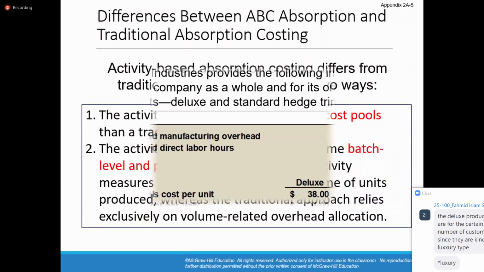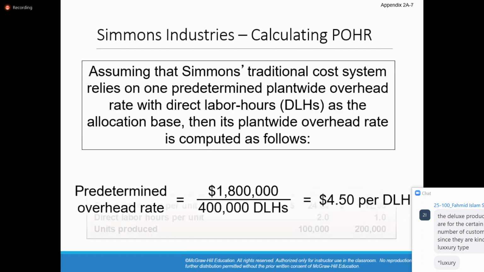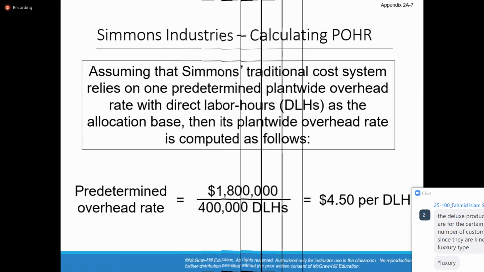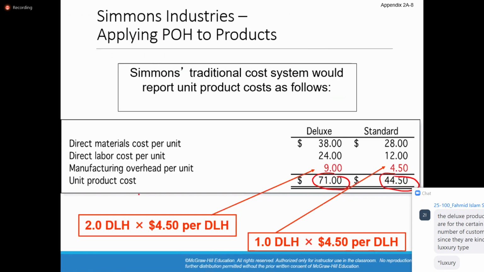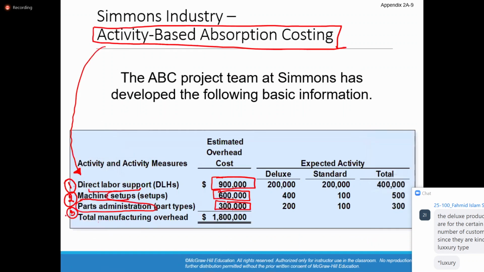You see that more relevant with setup, number of products, or assembling the portion. Okay. So expected activity. So this expected activity is measured in terms of these units.